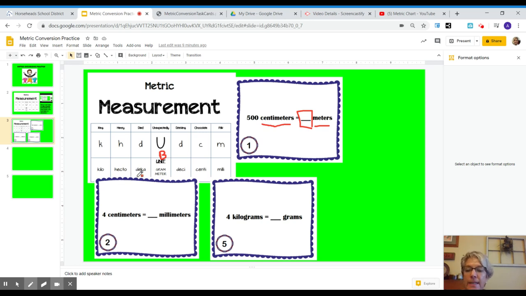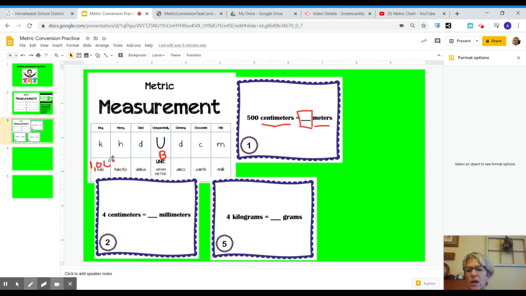The D here is deca. B or U, base unit, the gram, meter, or liter. Those are all unexpectedly the unit. Deci is a little d. Centi, milli. I can tell you, milli means 1/1000th of, whereas kilo means 1,000.